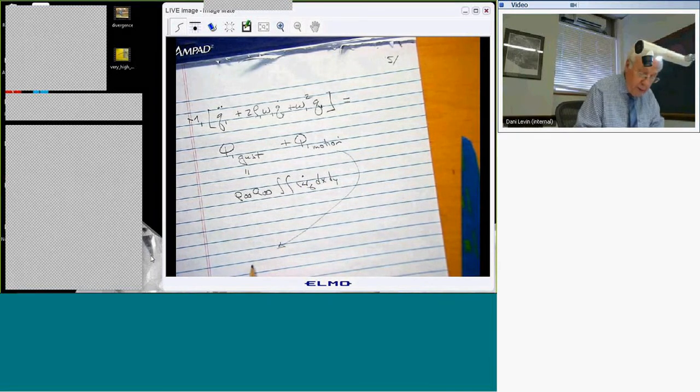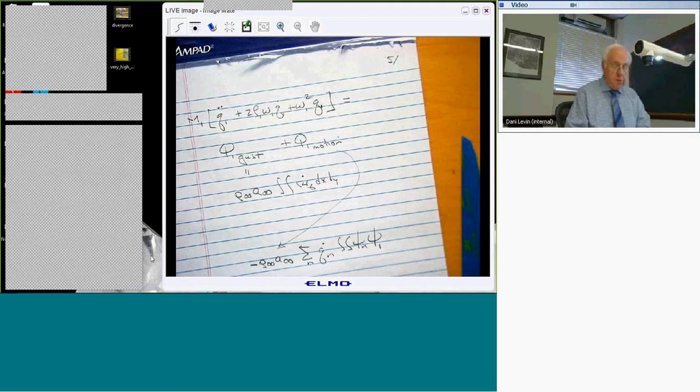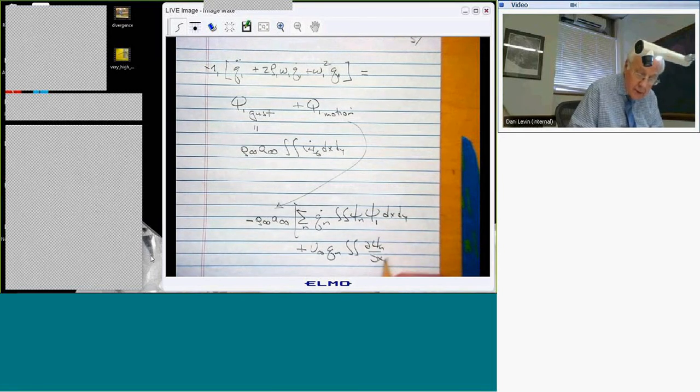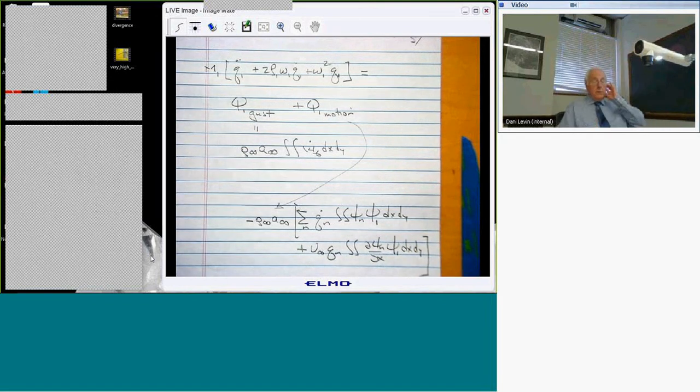It's minus rho infinity, A infinity, a summation over n of qn dot, the double integral of psi n, psi 1, because we're looking at the first mode, dx dy, plus u infinity, qn, oh, sorry about that, d psi n dx, psi 1, dx dy. Okay.